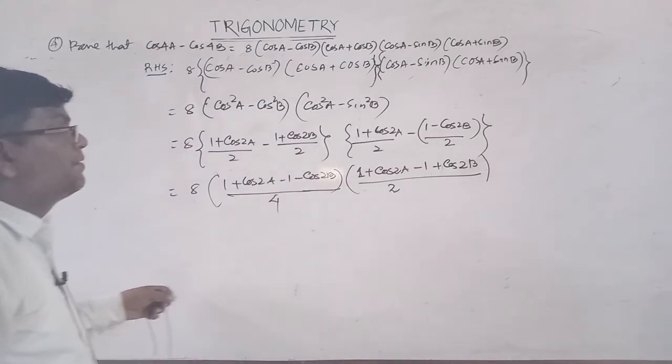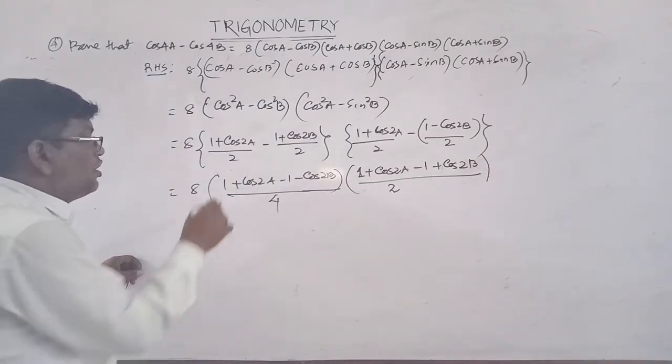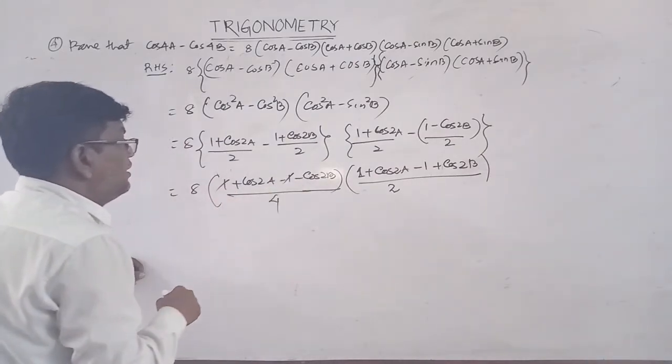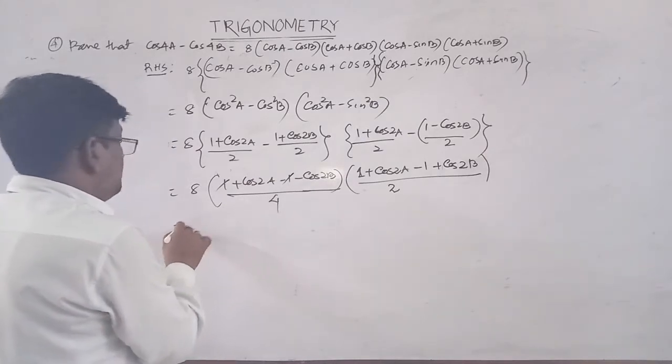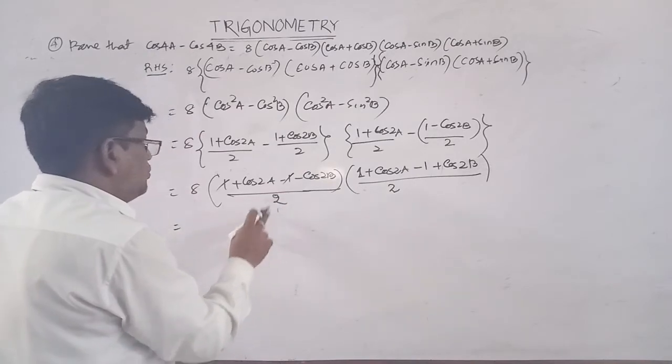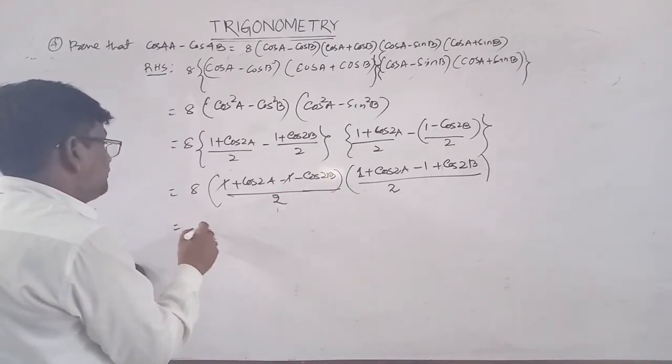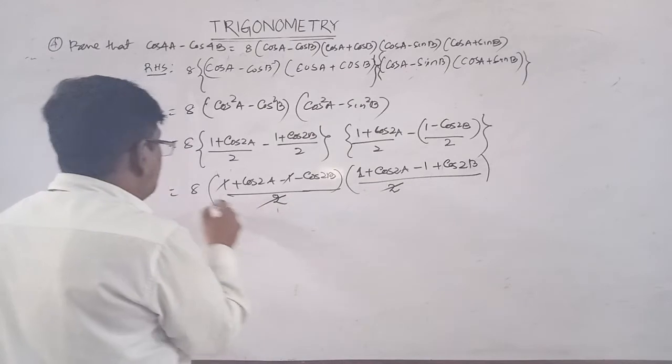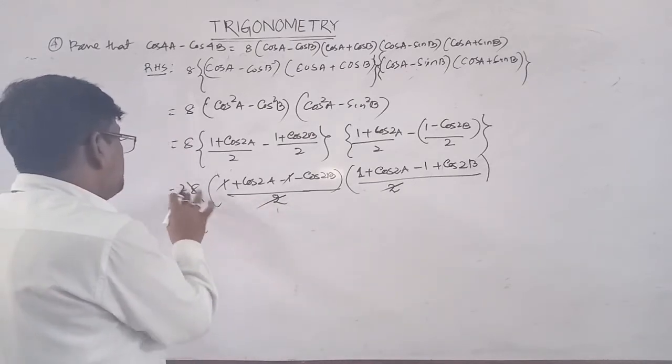So plus 1 minus 1 cancels, and this is 2, not 4 here, so 2 into 2 is 4.